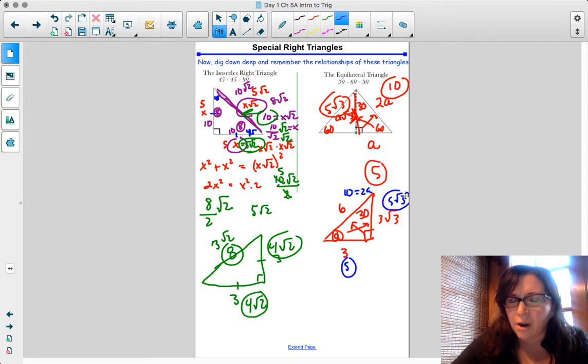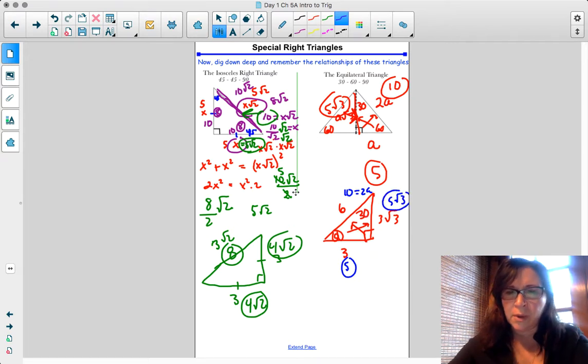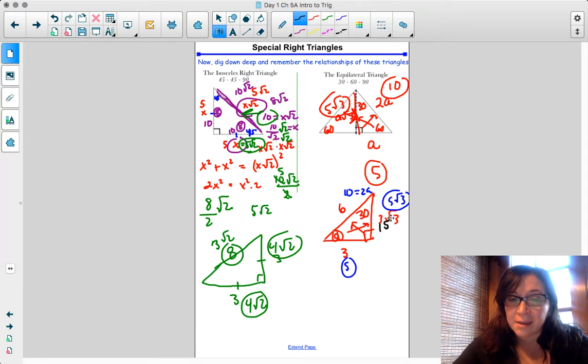Now these ones are pretty uneventful, pretty easy to deal with. The part where it gets a little bit tricky is when opposite the 60-degree angle is not in a root 3 kind of form. Let's say it's just 15. How do you find A from that? The easiest thing to do is just set that equal to A root 3. So A is equal to 15 divided by root 3.